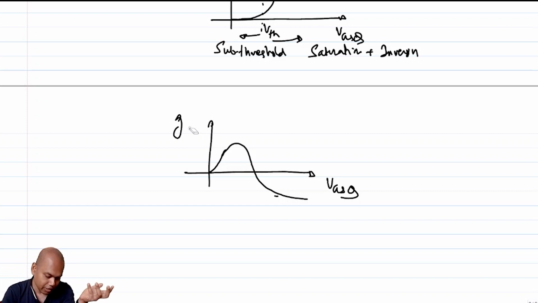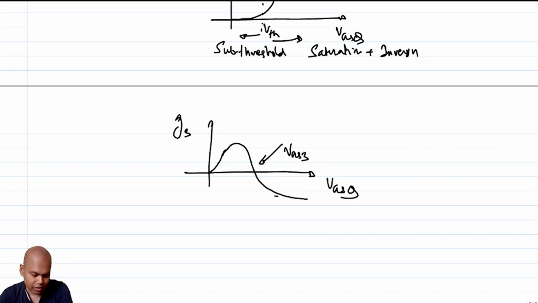Now, why is that information important? This is important because if G3 has to change polarity, then naturally G3 goes to 0, right? So there will be some sweet spot. Let me call this VGS3, where G3 equals 0.